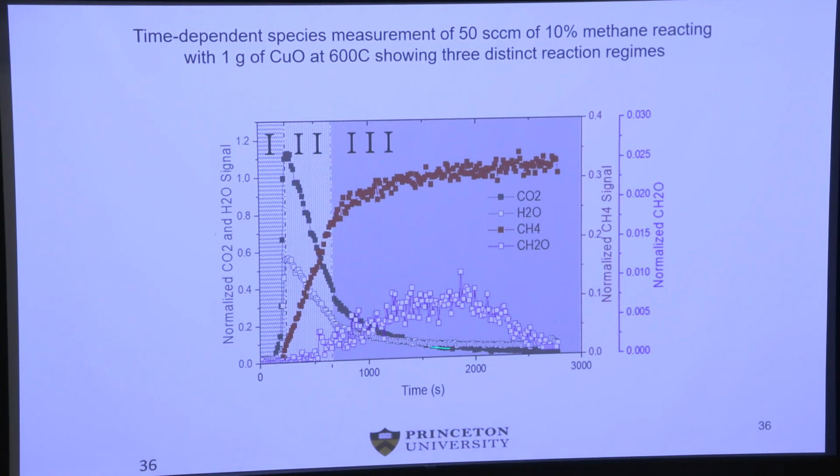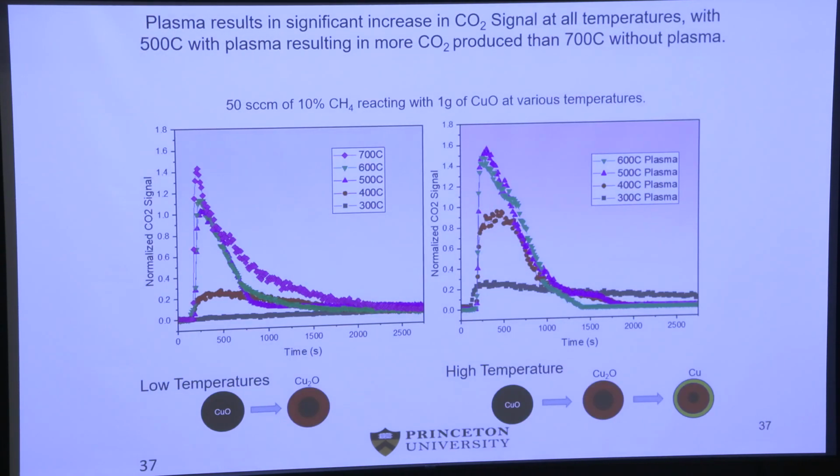So you have 3 different mechanisms. That's why you see a lot of formaldehyde formation in this region, because much of the methane is not completely oxidized. We have to wait for the diffusion of oxygen from the copper oxide.